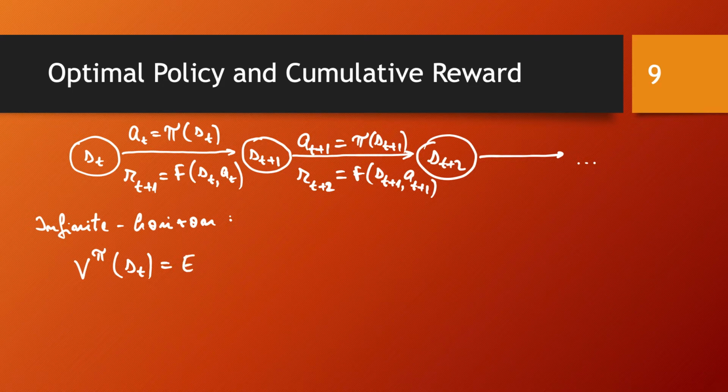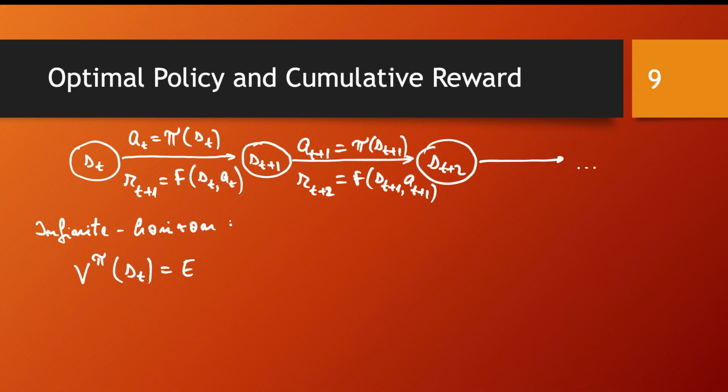You basically want the expected value, thinking that some of these actions are going to be taken as a result of some probabilistic choices. So the expected value of the sum of these rewards you have along the way: r_{t+1} plus r_{t+2} plus r_{t+3} and so on.